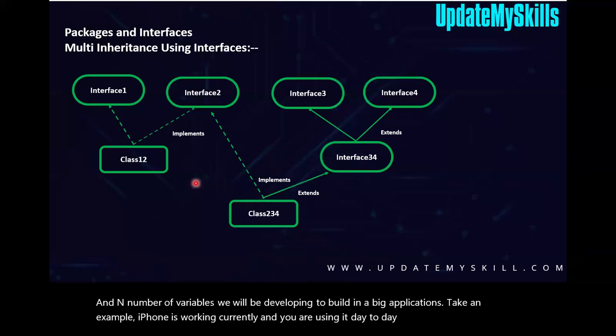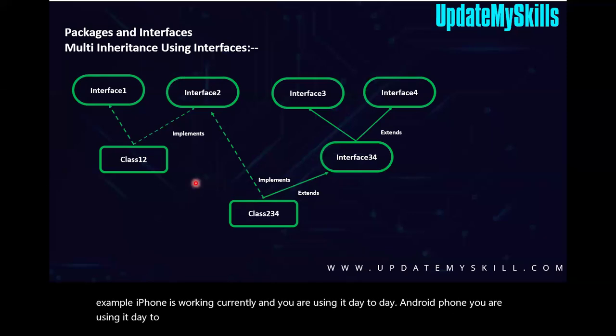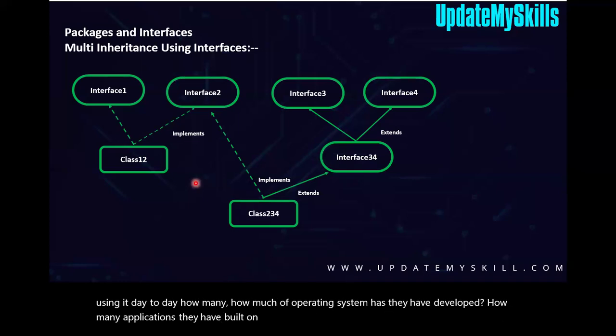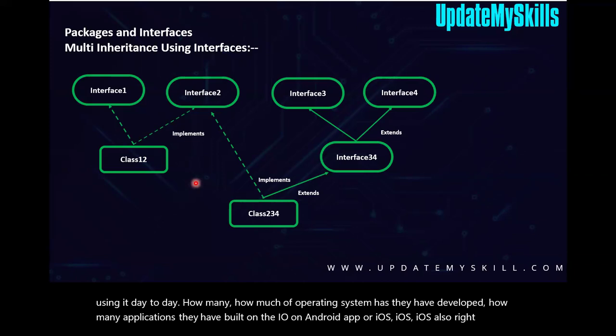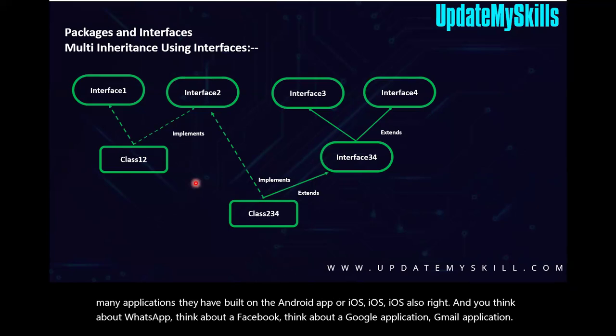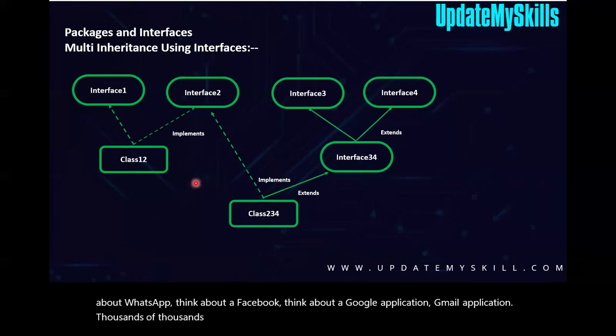Android phone, you are using it day to day. How much of the operating system have they developed? How many applications have they built on Android or iOS? Think about WhatsApp, Facebook, Google applications, the Gmail application. Thousands of lines of development have been done.